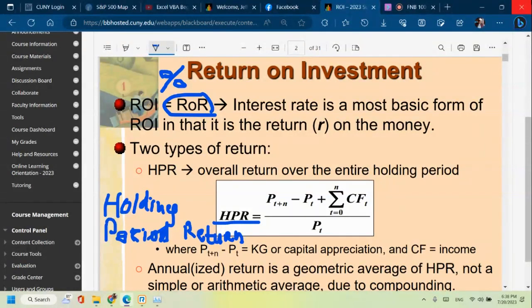If all of the bank customers, depositors, withdraw their money at the same time, they don't have money to pay out. So what do they do? They will have to recall the outstanding loans.